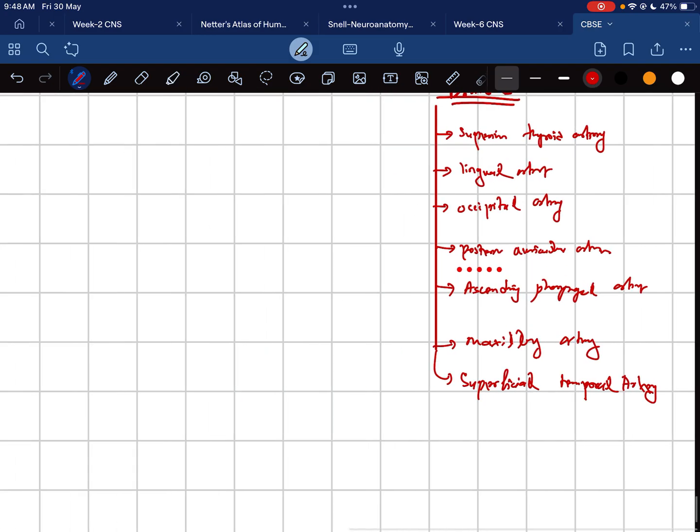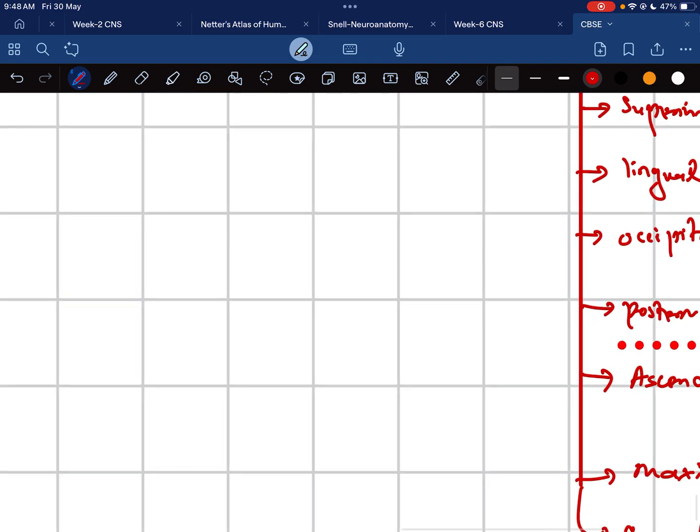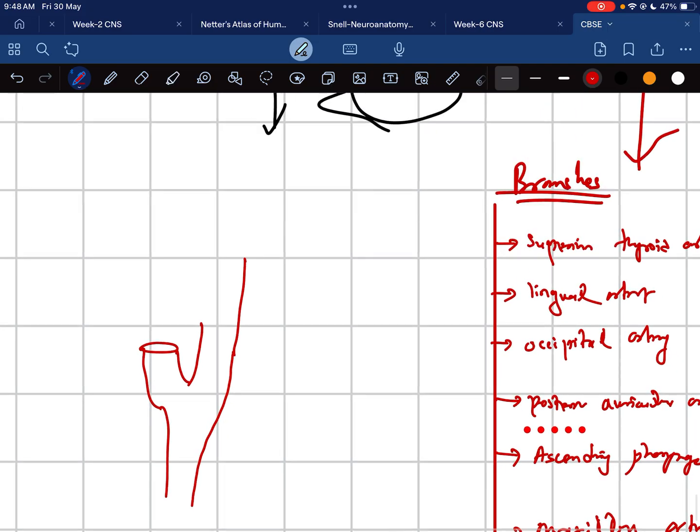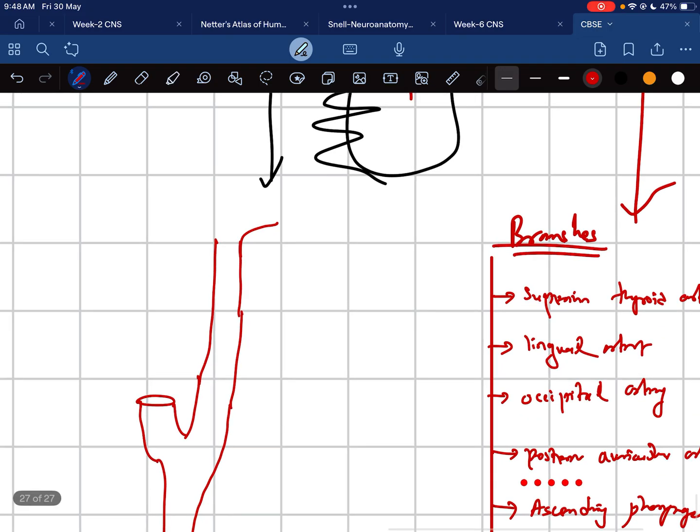These are the branches. When we draw the image, this is our internal carotid artery and this is the external carotid artery. It goes upward and forms the maxillary artery, and the other is directly the superficial temporal artery.